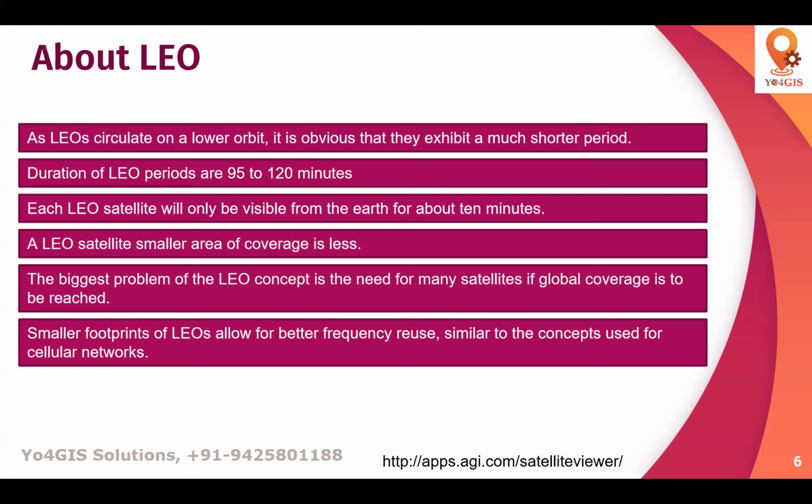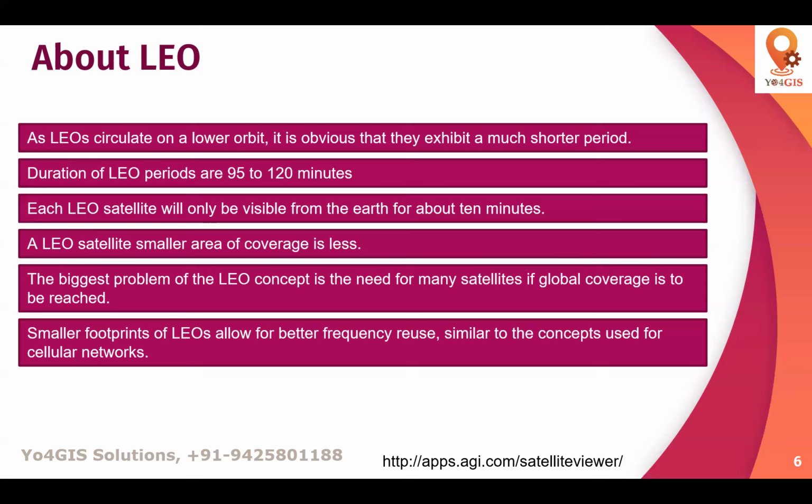So if you are able to see the LEO satellite from the Earth, we can see it for 10 minutes. A LEO satellite has a smaller area of coverage. As we know, the LEO satellite altitude is less, and if the altitude is less, definitely it will cover less area.